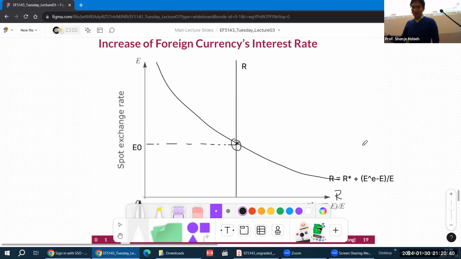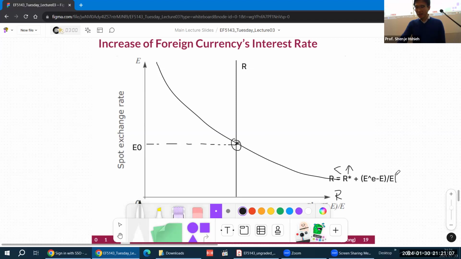Now let's increase the foreign currency's interest rate. Based on this equation, foreign interest rates are increasing, which means the inequality is now this way. This is not an acceptable equilibrium because carry traders come in. So what must happen today is that E must change in the direction to offset this increase in R star.